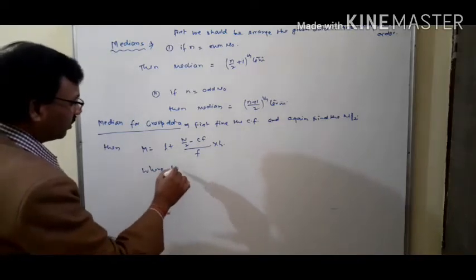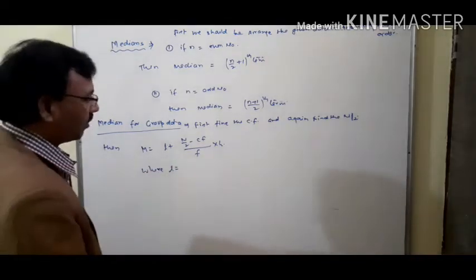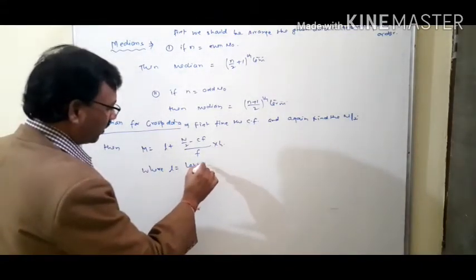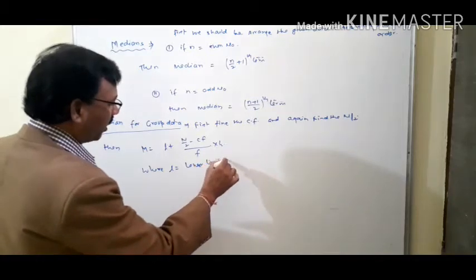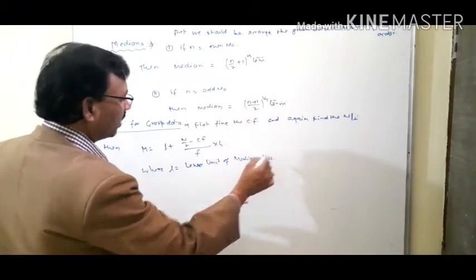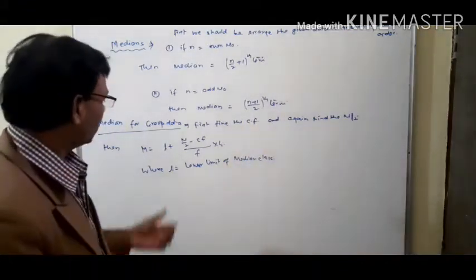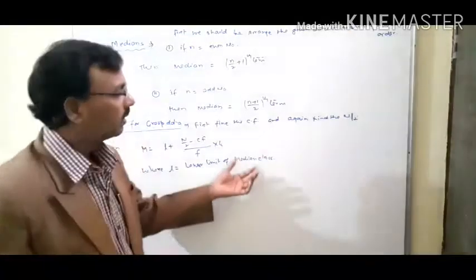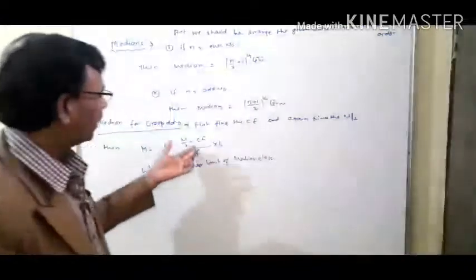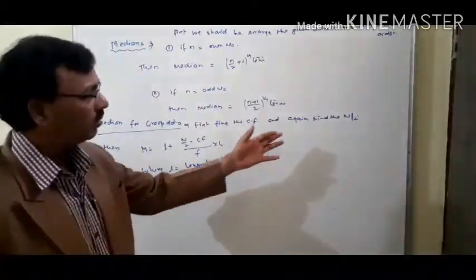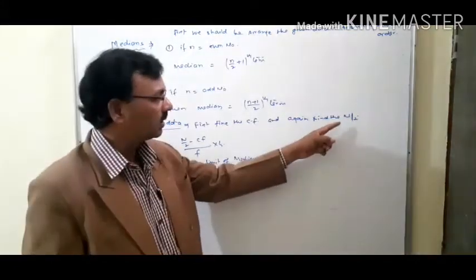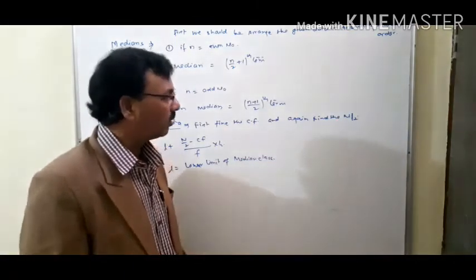L equals the lower limit of the median class. But how to determine which class is the median class? N by 2 appears in which cumulative frequency? That means the cumulative frequency which is just more than n by 2.